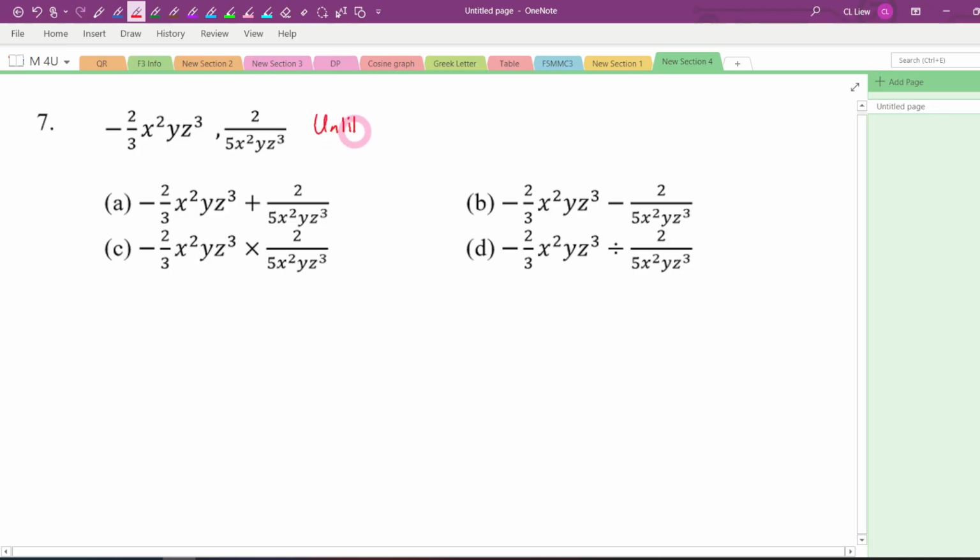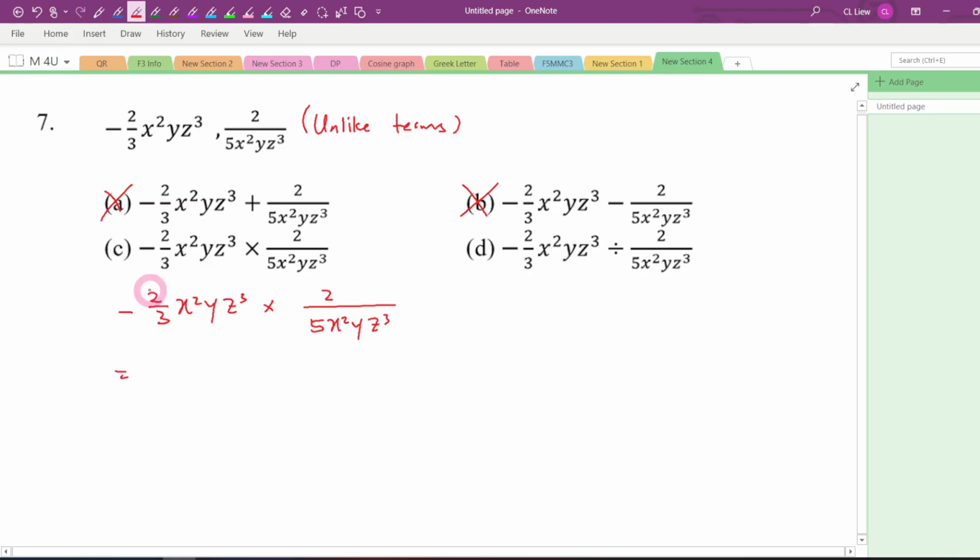So for unlike terms, we cannot perform addition or subtraction. We can only do multiplication and division. Negative 2 over 3 x squared y z cubed times 2 over 5 x squared y z cubed.